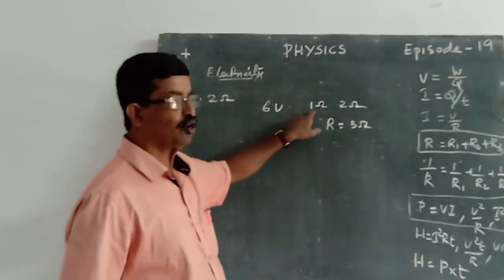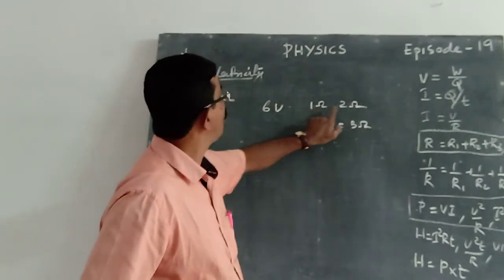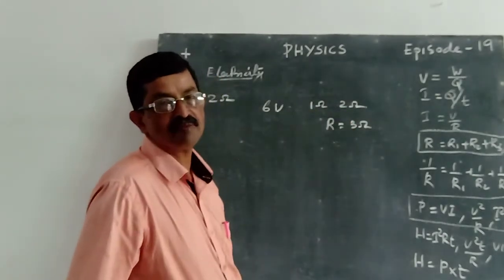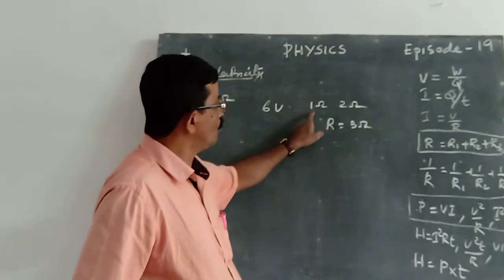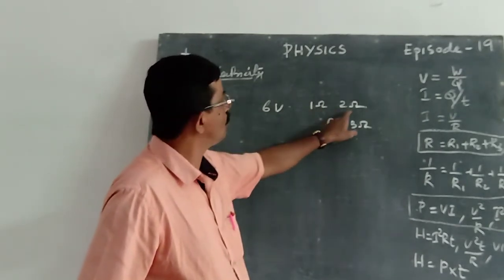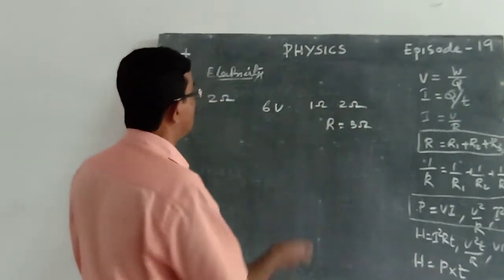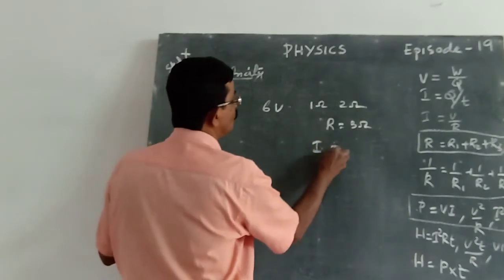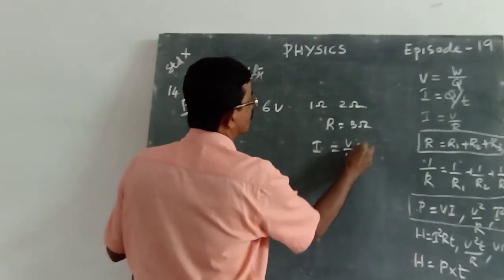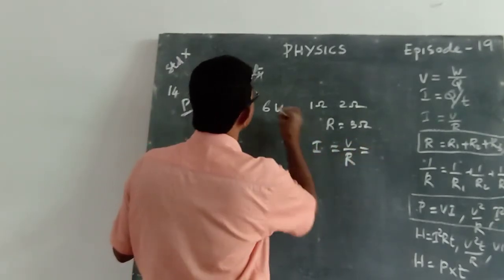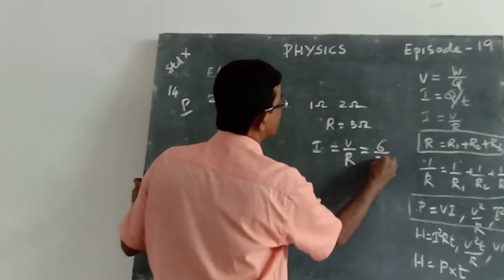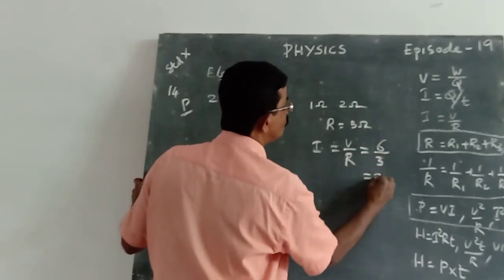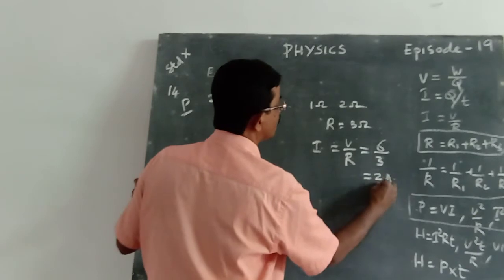The current through this 1 ohm and 2 ohm will be the same. So current I is equal to V by R, that is 6 volt by 3 ohm, which is equal to 2 ampere. This is the current.